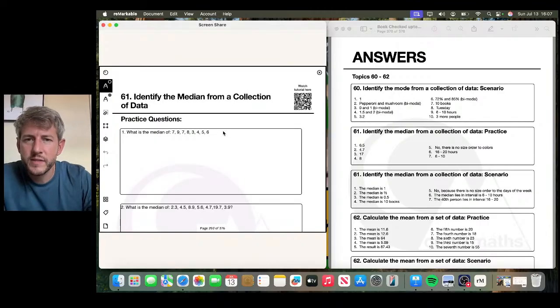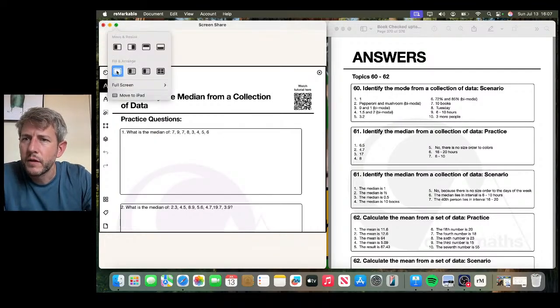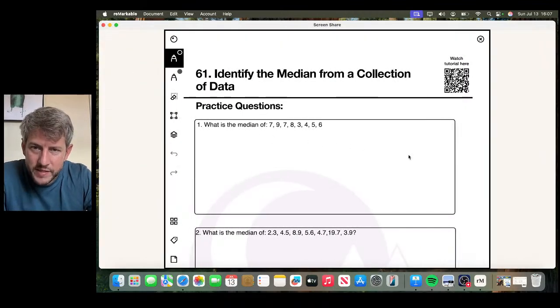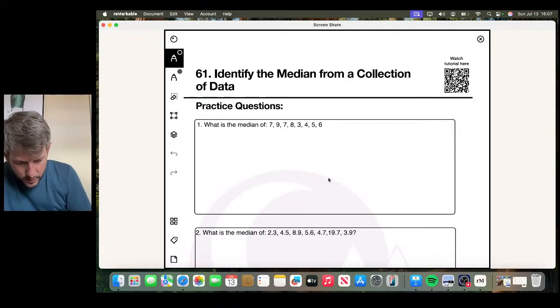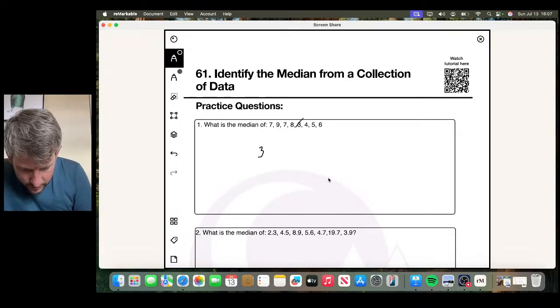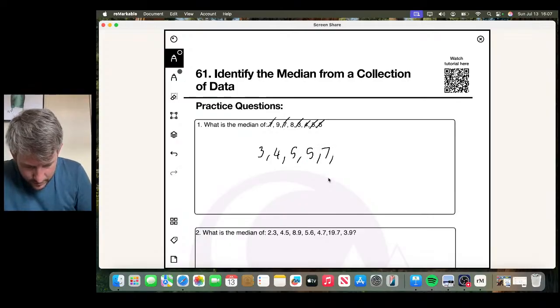Right, topic 61. Identify the median from this data. To find the median, we put them in order and find the middle number. So we've got 3, 4, 5, 6, 7, 8, 9.